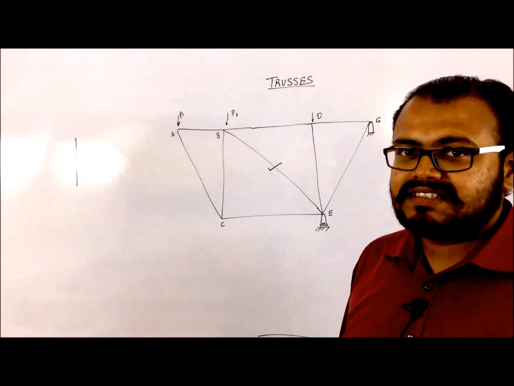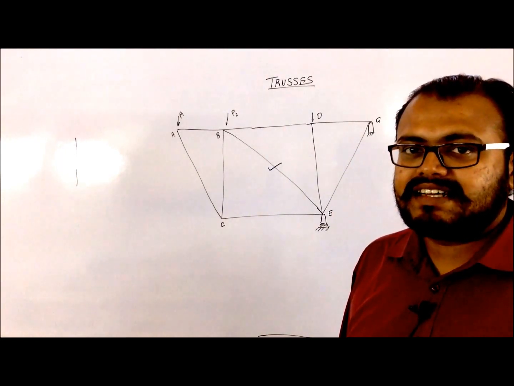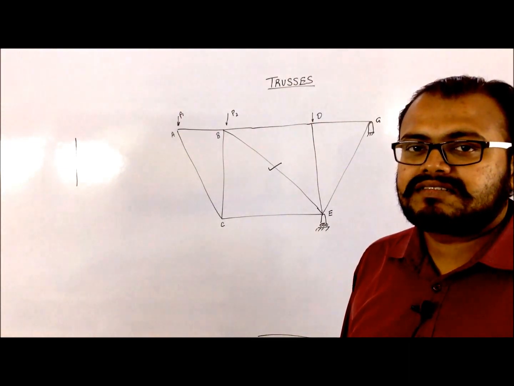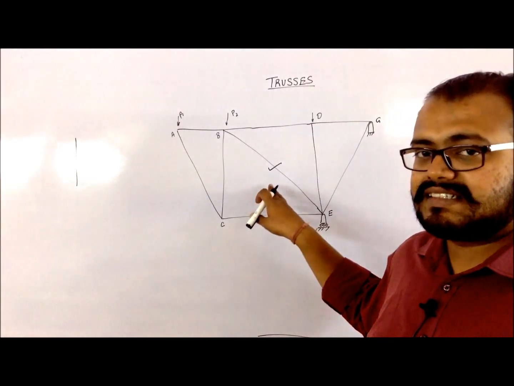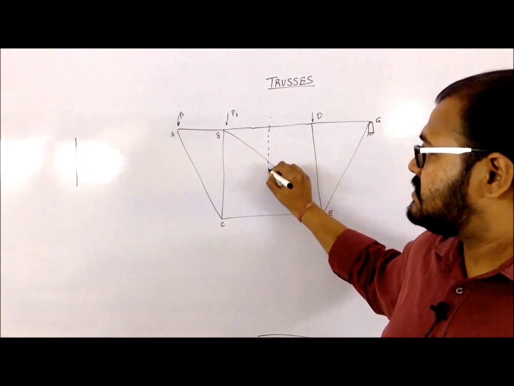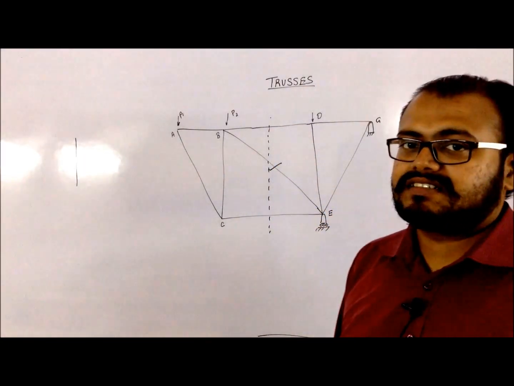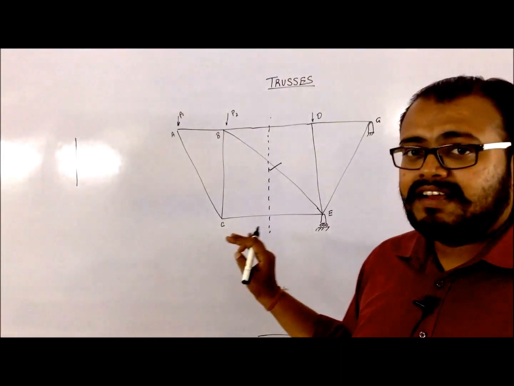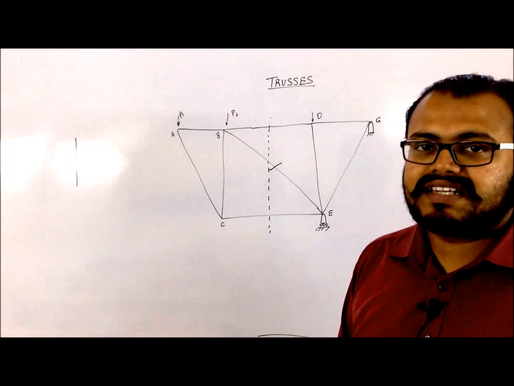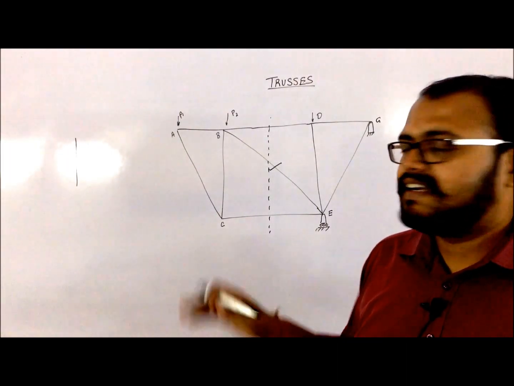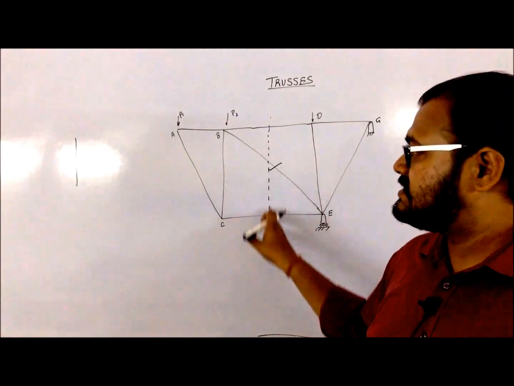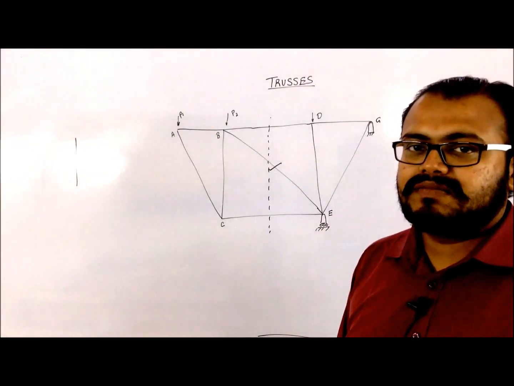If you have to consider this member in that section, the only possible way in which this can be done is if I consider this particular section. This section not only satisfies that it is going to cut a maximum of 3 members, but it also satisfies the other criterion, that it will separate the truss into 2 parts. So this particular section becomes an appropriate selection for me.